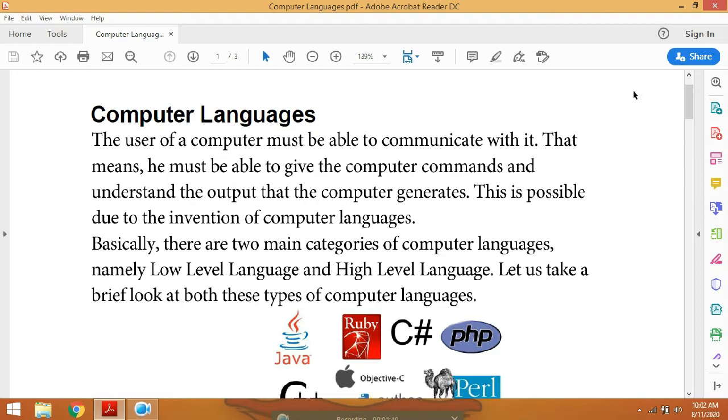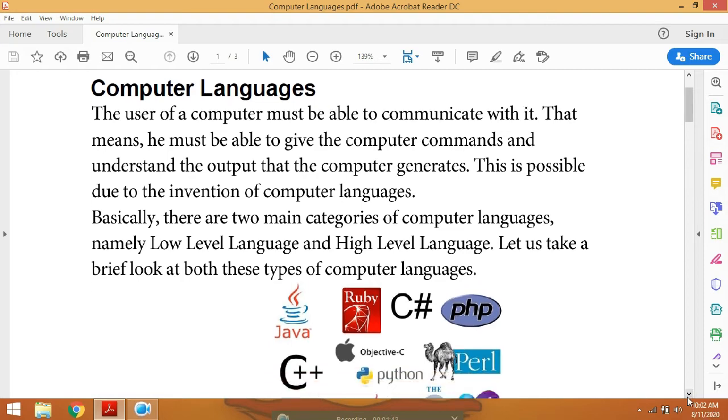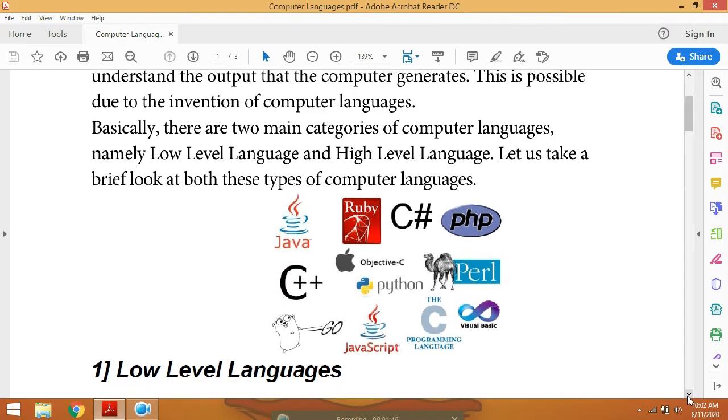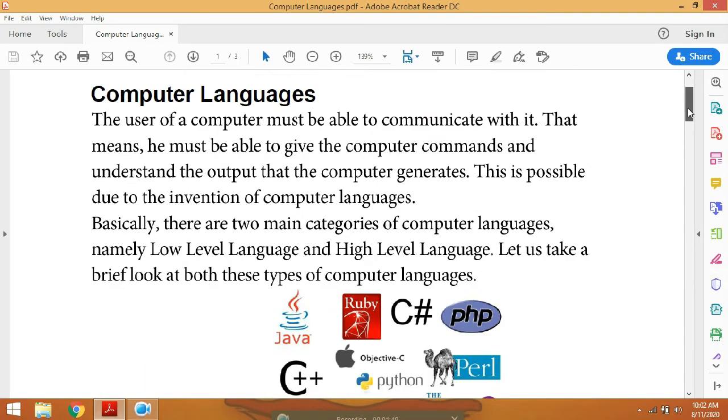That is, if we have to build a web page, we can use PHP, C Sharp, Java, HTML, CSS, etc. For databases, we prefer SQL.